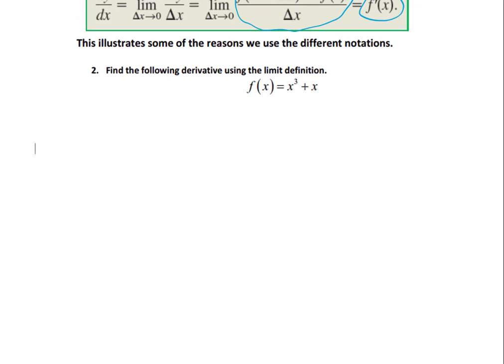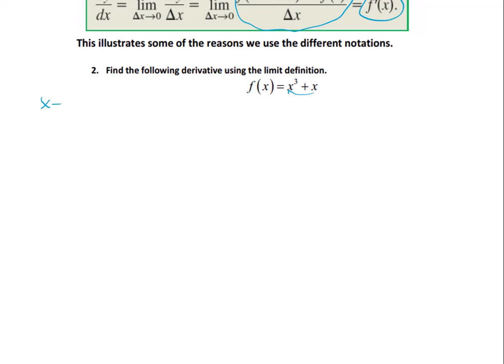Okay, let's use the definition of a derivative to find this derivative. Alright, I'm going to use h instead of delta x because it's easier to write. So my function is x cubed plus x. So every place I see an x, I'm going to put x plus h.